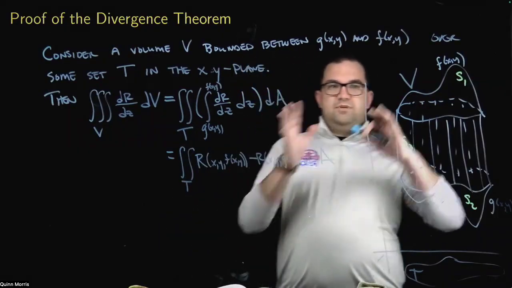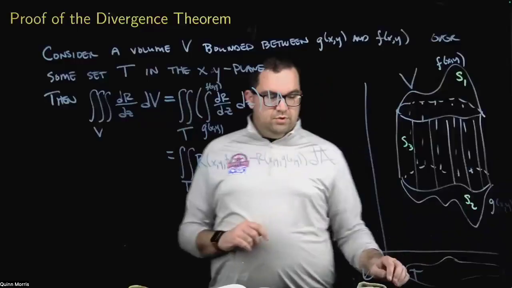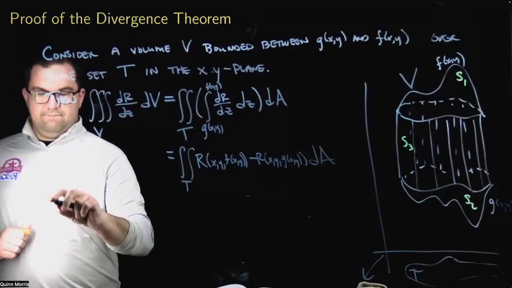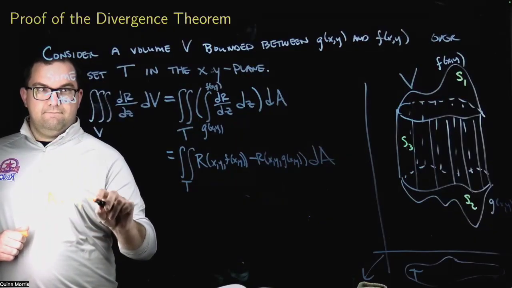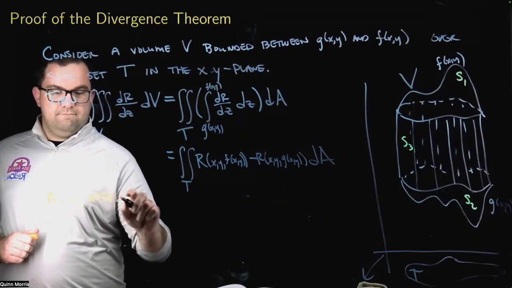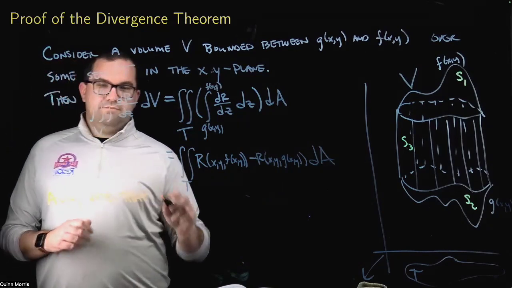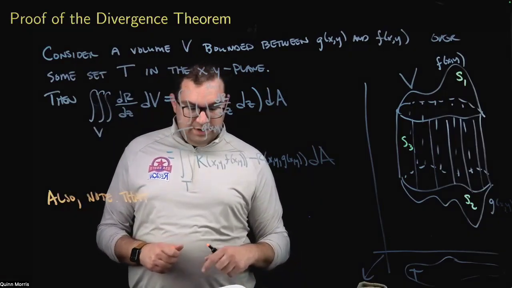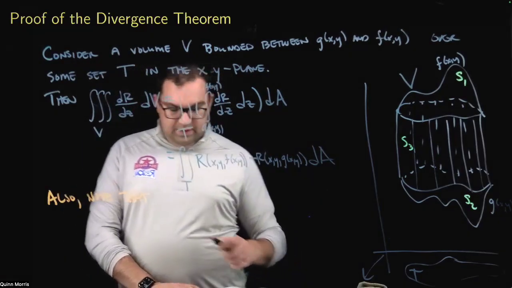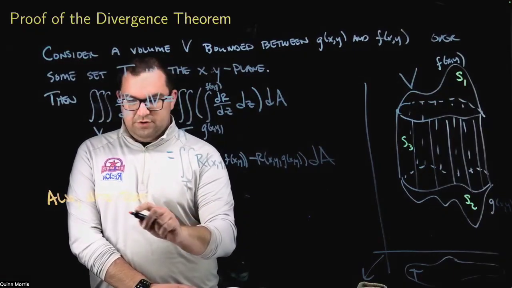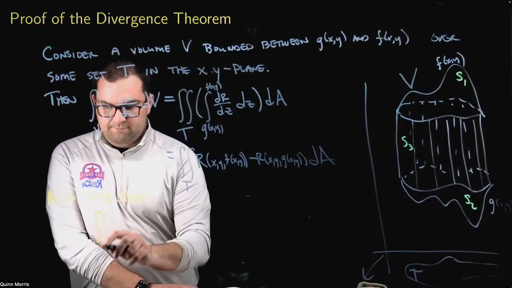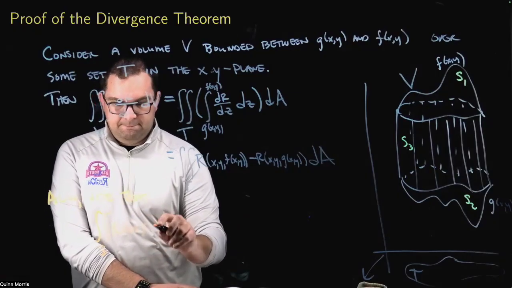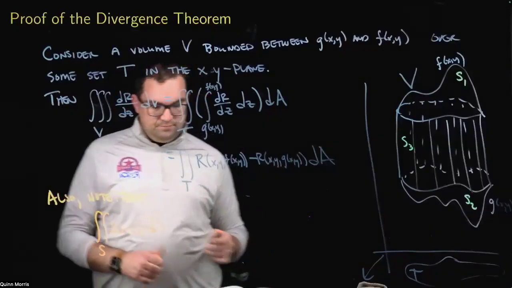Now I want to flip to the other side of the divergence theorem, or sorry, not the full divergence theorem, but the piece of the divergence theorem that I'm trying to prove. I'm now going to look at this surface integral of r cosine gamma dS.